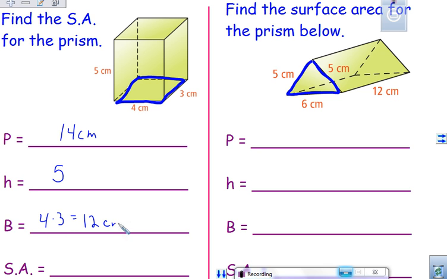So the area of the base would be 12 square centimeters. So our surface area, again, is 2B plus perimeter times height. So this is 2 times 12. Our perimeter is 14, and our height is 5. So 94 square centimeters.